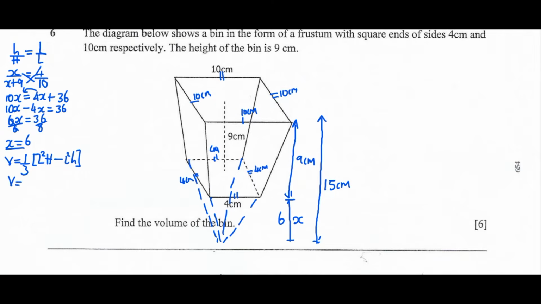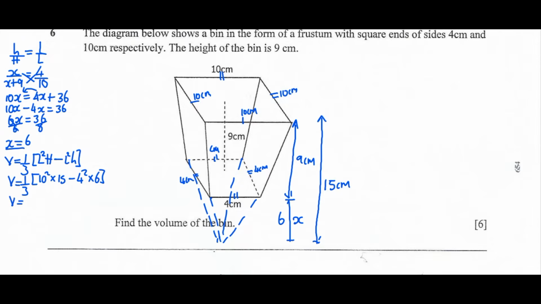Then let's do the substitution. So the length of the large pyramid is 10 squared times the height, which is 15, minus the length of the smaller one, 4 centimeters squared, times 6.